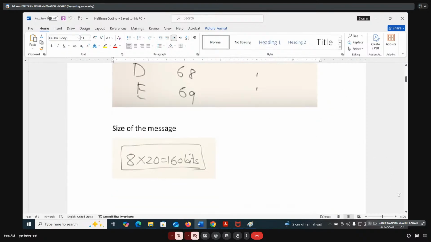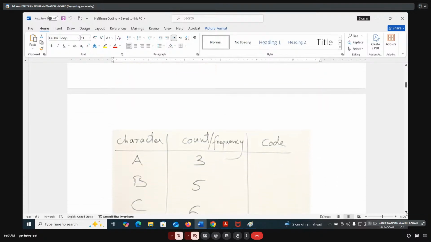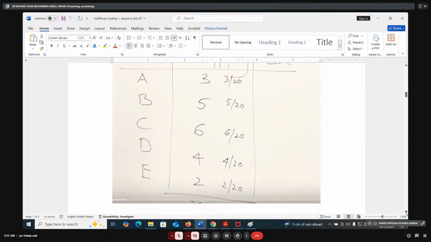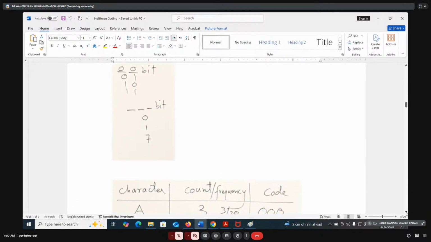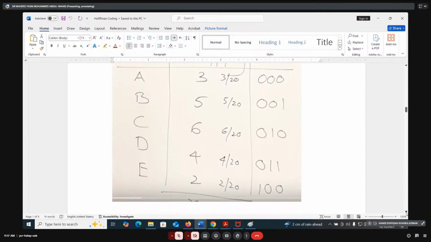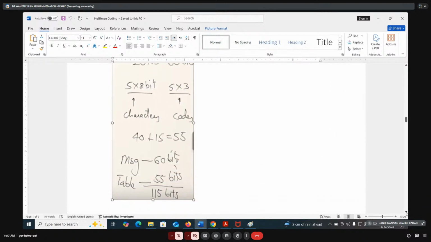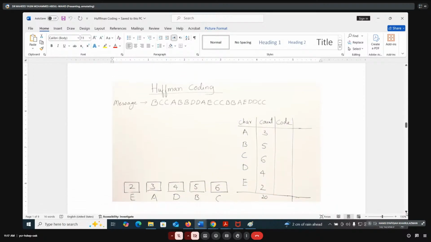Now, after this kind of manipulation, I use 115. Now I will go to Huffman. This is the idea that I give you of how I can represent the message. So here I decrease the message, and I represent it using only 115 bits.